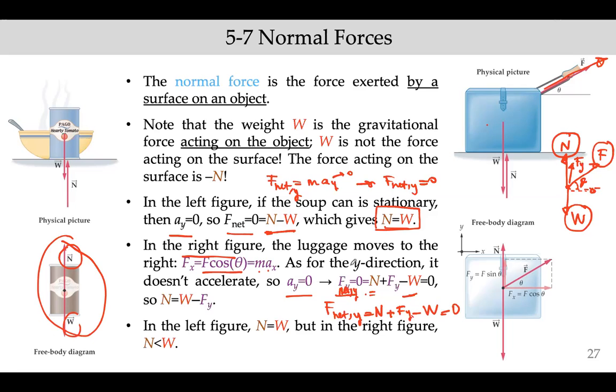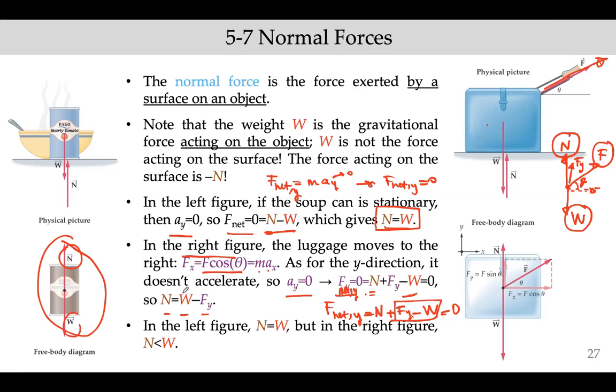So from here, if you put these two on the other side of the equation, what you find is normal force equals weight minus y component of the external force. Now, in this case, is normal force smaller or greater than weight? Let's think about this.